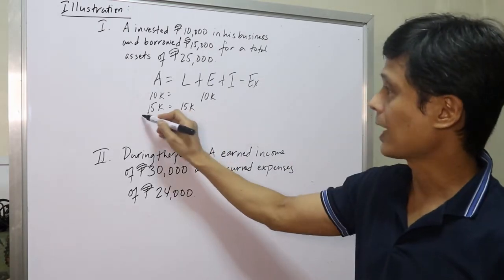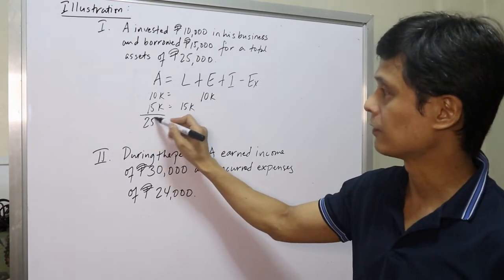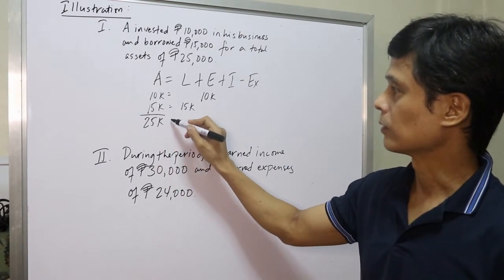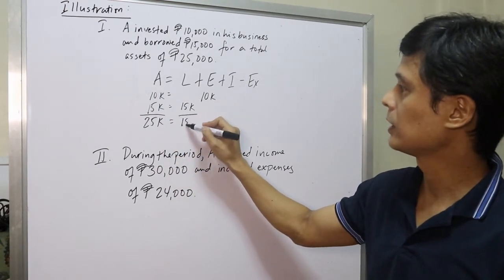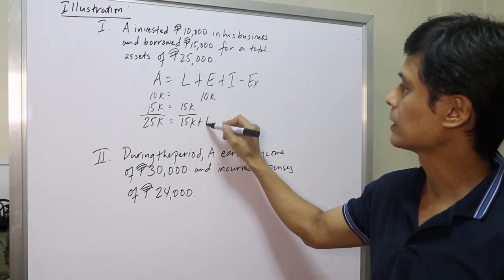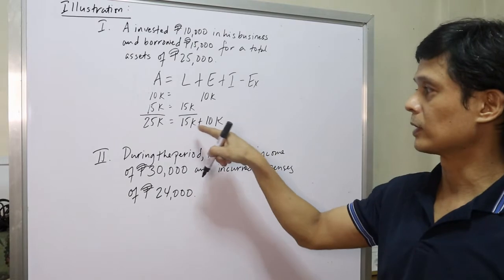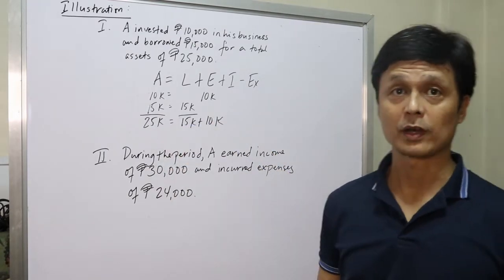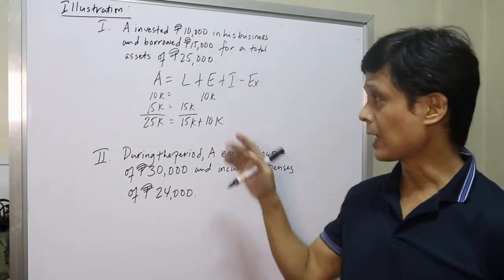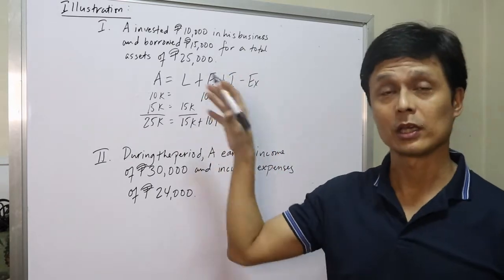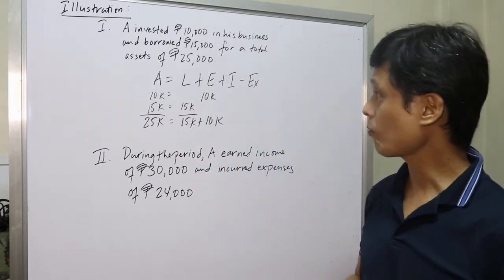So for a total assets of 25,000. Okay, so ilalagay natin dito plus 15 plus 10,000 will give you also 25,000. So 15 plus 10 is 25.